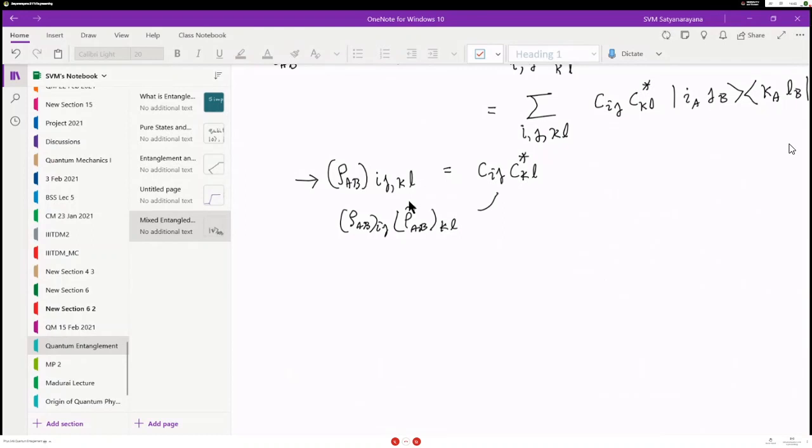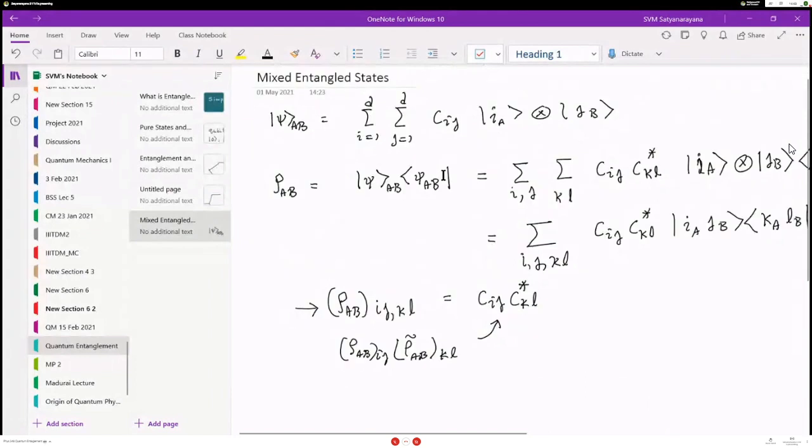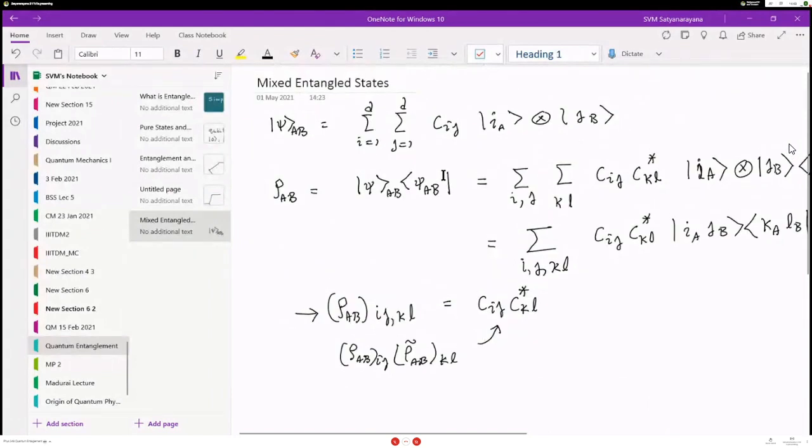So that is given by this. Now you know that this has to be Hermitian. Rho has to be Hermitian, and probably that is what gives us a requirement that the Cij matrix has to be Hermitian.